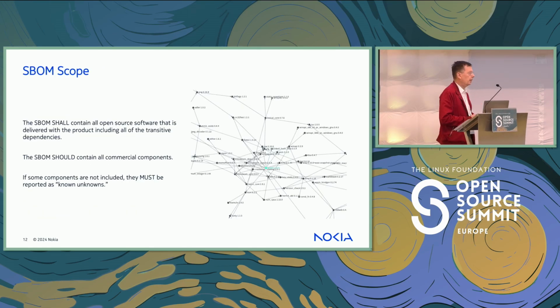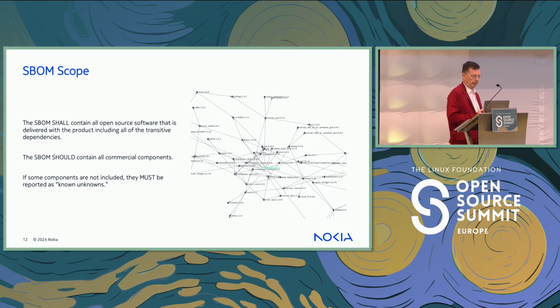So we have now seen what the SBOM should contain. An important thing is the scope. In the guide, we require that all open source software that you deliver must be included, and it should contain all transitive dependencies of the open source you provide.